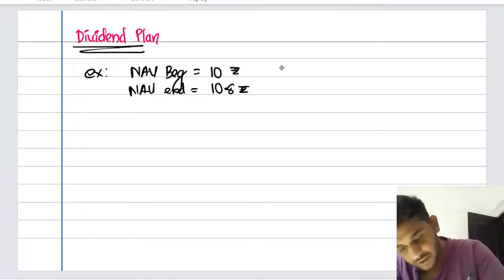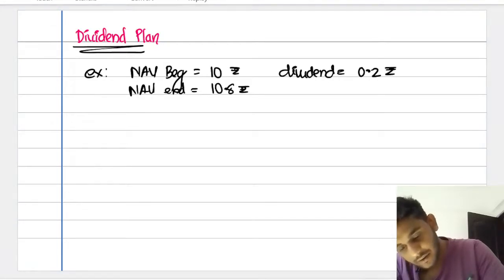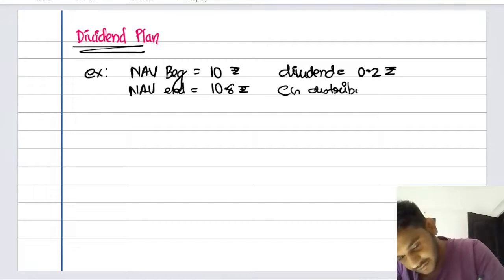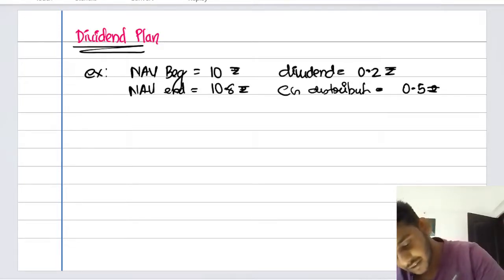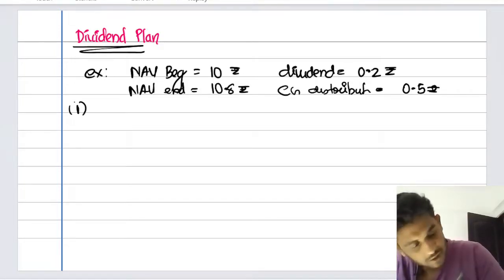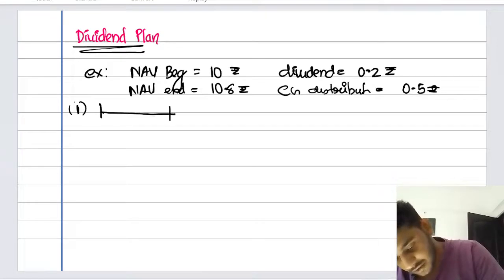Now the dividend is 0.2 rupees, and the capital gain distribution is 0.5 rupees. And in our first case, the time period is 2 years.